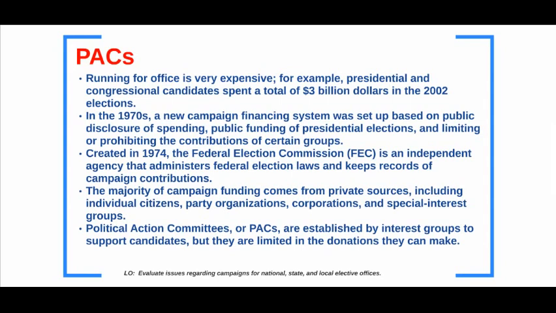The majority of campaign funding comes from private sources, including individual citizens, party organizations, corporations, and special interest groups. Political action committees, or PACs, are established by interest groups to support candidates, but they're limited in the donations that they can make.